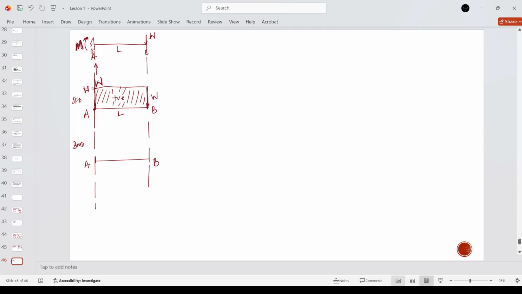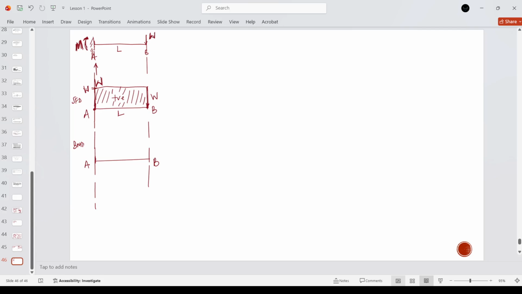So how will we get the moment? How will we get the moment at this point? For us to find moment at this point, we can only take moments about A. How will we get moments about A? Moments about A, we are going to say force W multiplied by the length or the area under graph.